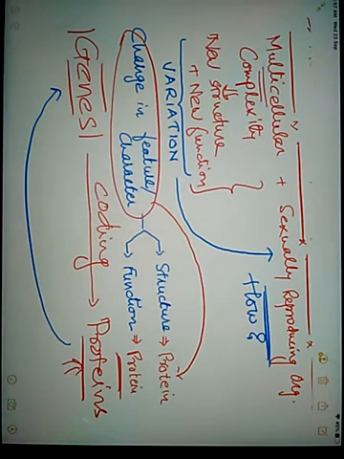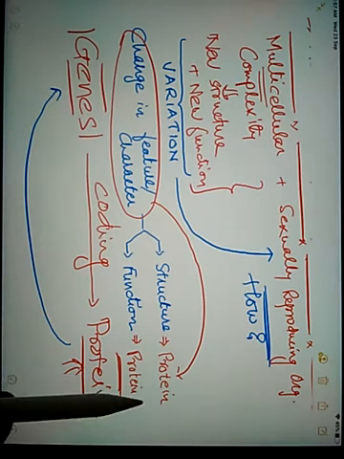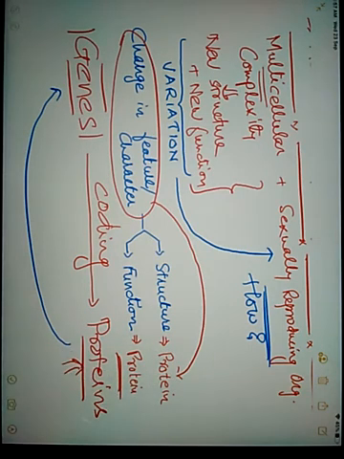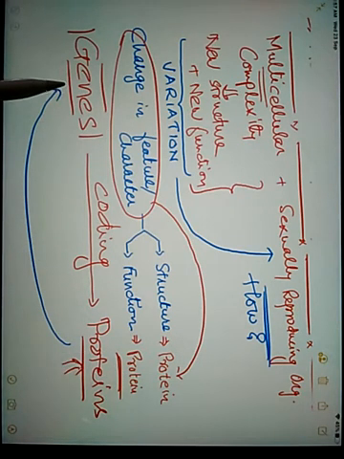Now, in order to create the complexity, we are supposed to make changes in features or characters. In turn, we are supposed to make changes in the protein. And in order to change the protein, we are supposed to change our genes, that is our DNA, right? That is what we are putting at the center of our discussion.